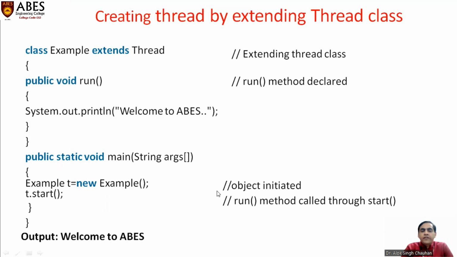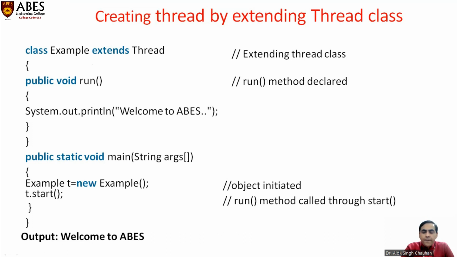That means we instantiated the object. After that, we call the start method. When we write t.start, it will call the run method and we get the output, like, welcome to ABES. So here the start method is used to call the run method defined in Thread. This is an example of how we can create a thread by extending the Thread class.